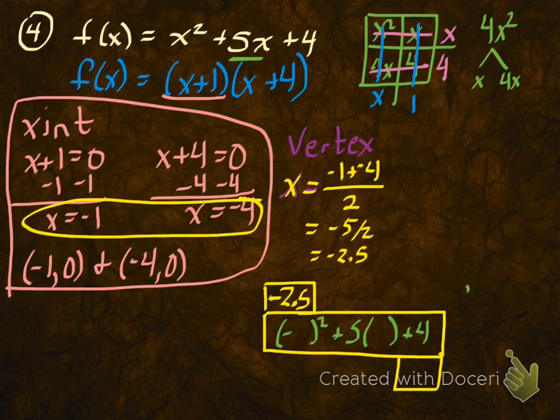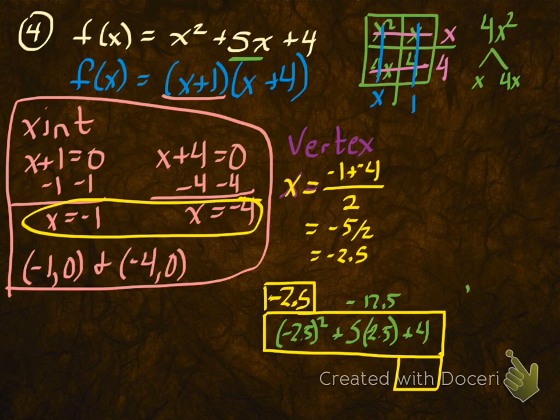So we're going to plug in that negative 2.5 and square it, and that's going to give us 6.25 plus 5 times our negative 2.5, which is going to be 12.5. So we're going to end up subtracting that because it's a negative 12.5.